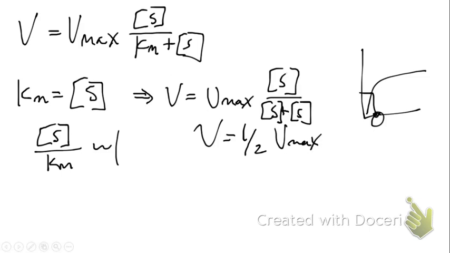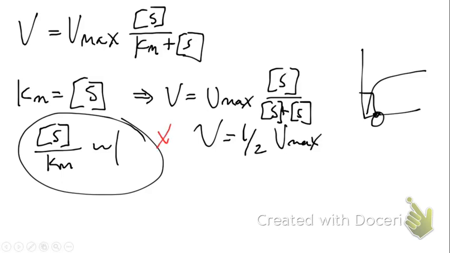And because the cells keep the ratio of the substrate concentration divided by Km at about 1, it's tunable. We can tune up these enzymes. We can drop the substrate concentration, we can increase the substrate concentration for a variety of different things that we might need. So that's the first one: when Km is equal to the concentration of the substrate, we get half Vmax, and so then we can analyze Kms and enzymes in that direction.